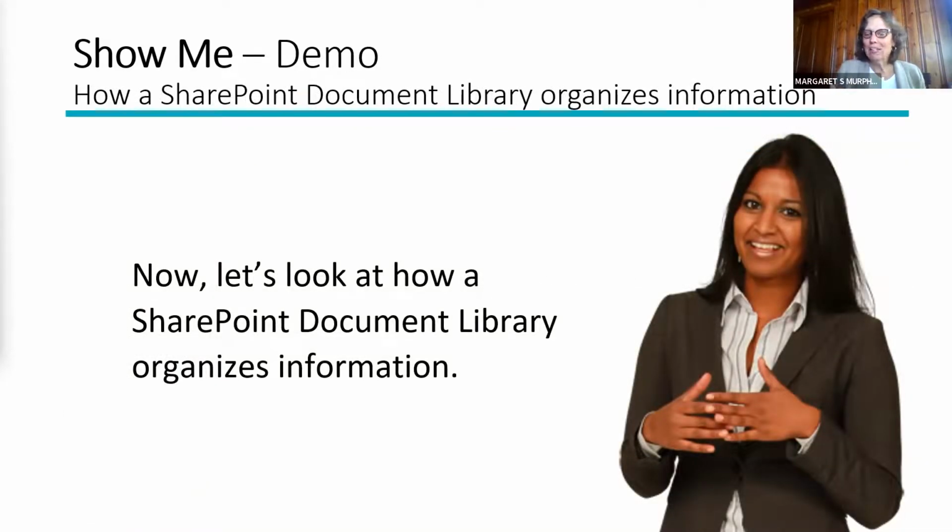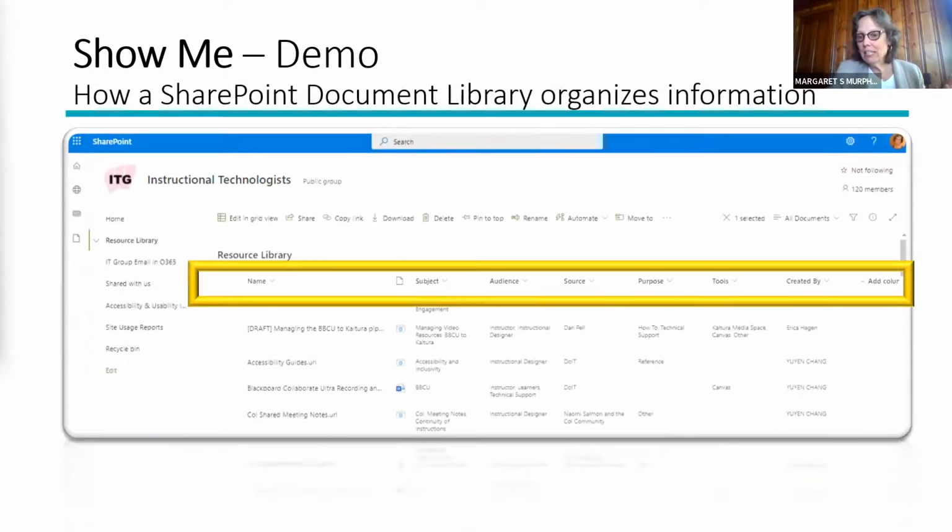Now let's take a look at how a SharePoint document library organizes information. In our case study example, the continuity of instruction library organizes information with metadata in several columns, such as name, subject, audience, source, purpose, tools, and created by. This organizational model provides options for sorting and filtering when searching for information.